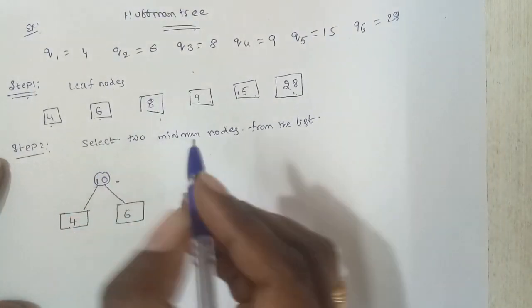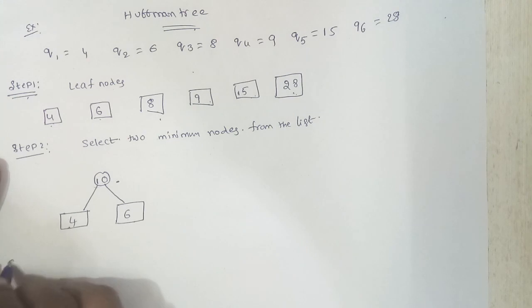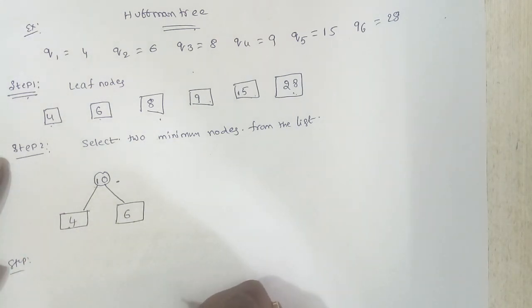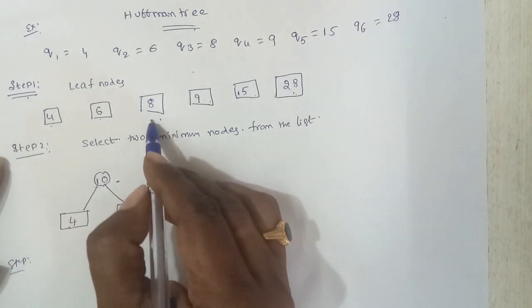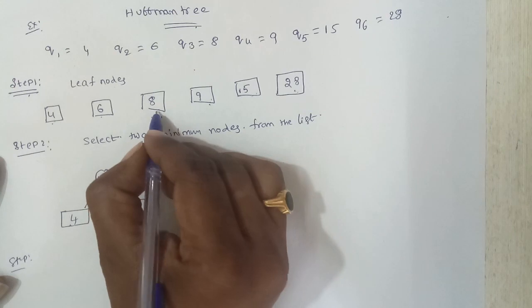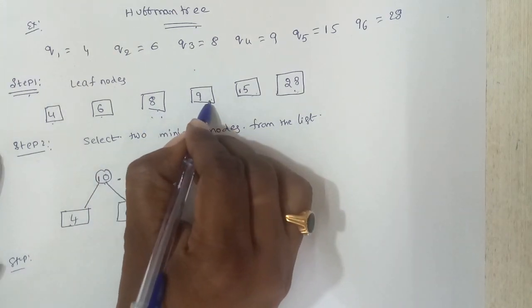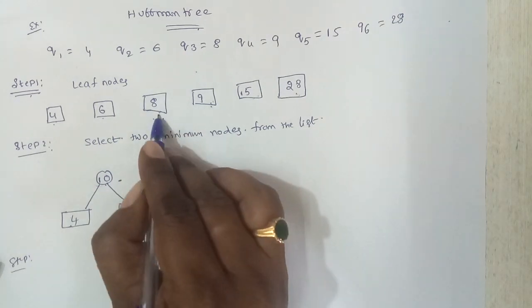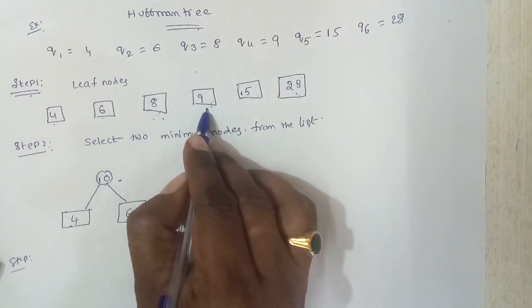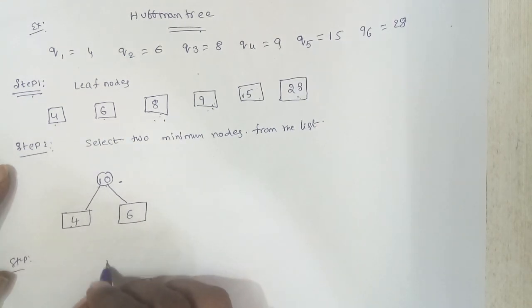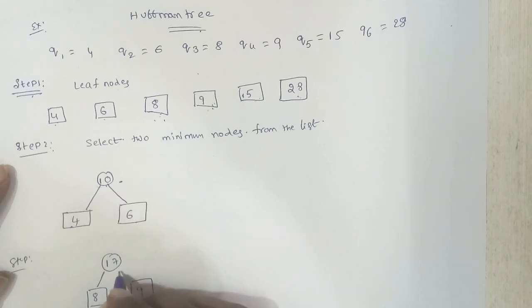Now in the same step we have constructed this. In the next step, select the two minimum nodes among 10, 8, 9, 15, 28. What are the two minimum nodes? The two minimum nodes are 8 and 9. If the selected two nodes are external nodes, that is, leaf nodes, form another tree. 8, 9, 17 form another tree.